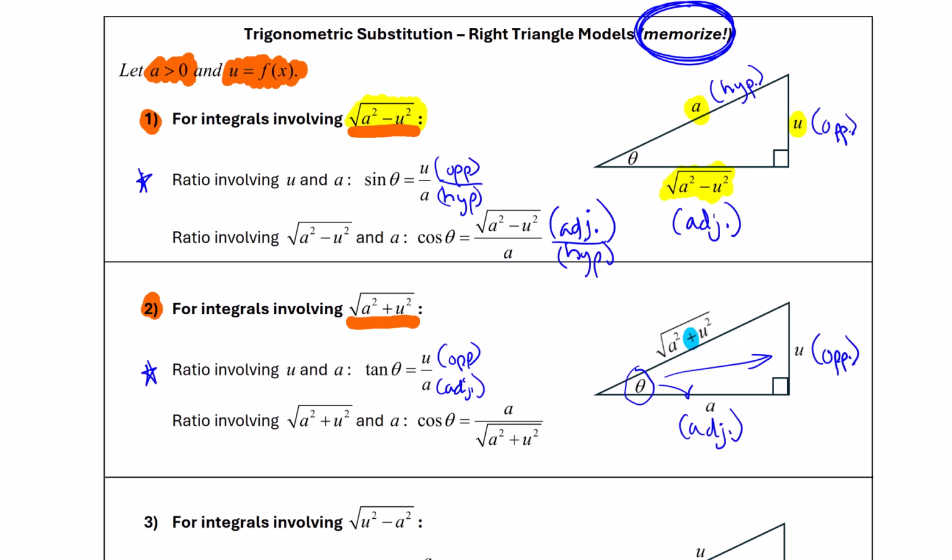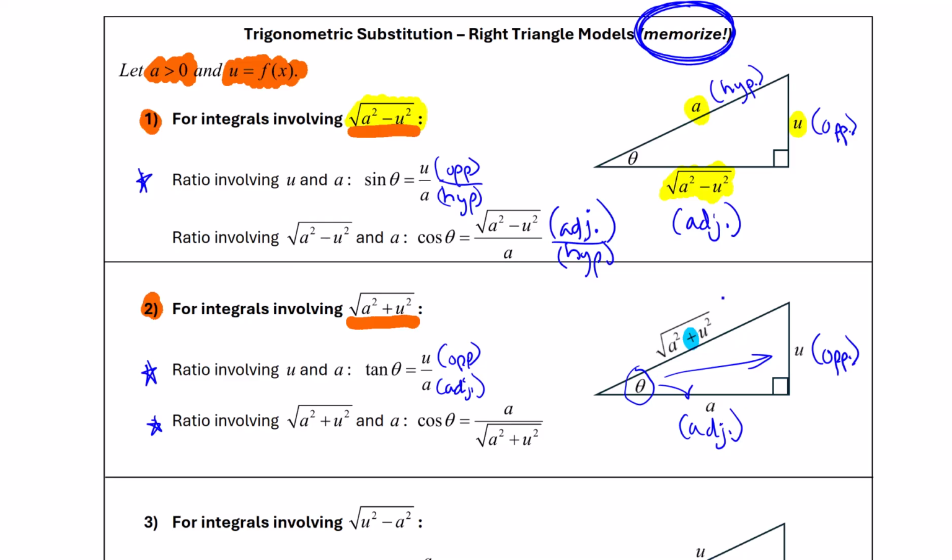Moving on, if we wanted to find a ratio involving the square root of our expression, a squared plus u squared, and A, then again, where those are labeled now is different than where the root was labeled in the previous model. So this time, to involve both the root of a squared plus u squared and A, we know that A is already the adjacent side in relation to theta.